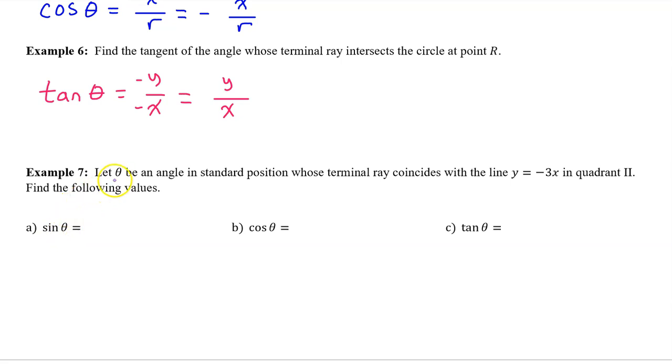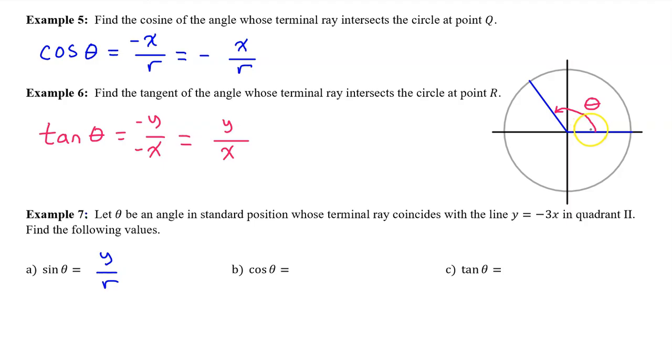Example 7. Let theta be an angle in standard position whose terminal side coincides with the line y equals negative 3x in quadrant 2. Find the following values. Here's a picture of angle theta in standard position with the terminal ray in the second quadrant.